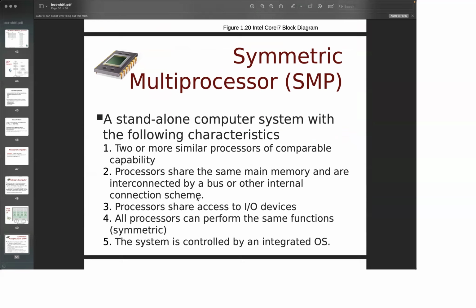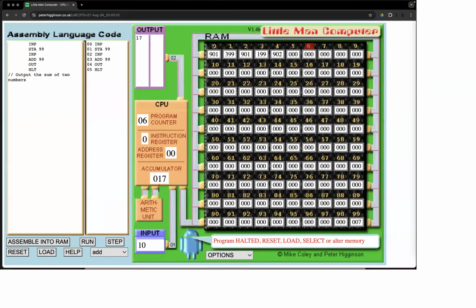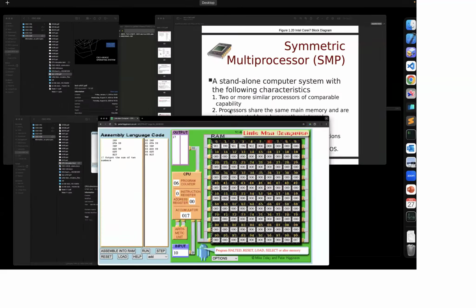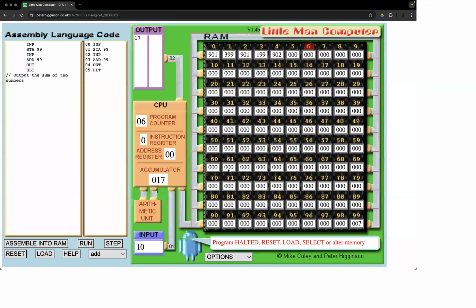We know the main memory is the RAM, and they are interconnected by the bus and other internal connection schemes. You hear a lot about the bus. Right here in the graph, when we talk about the bus, it is all of these. The width and bandwidth of the bus also affect the transmission.